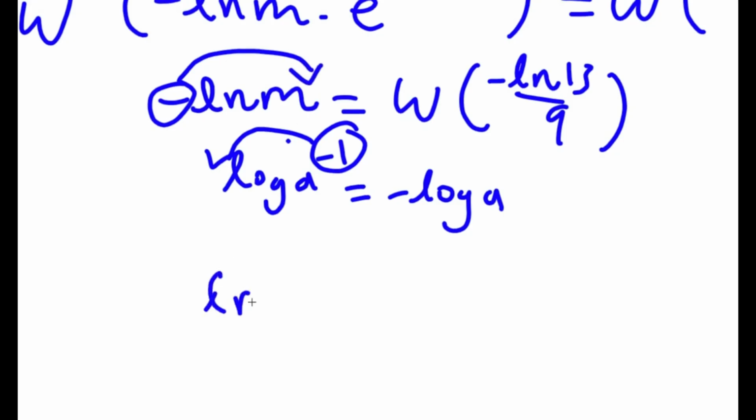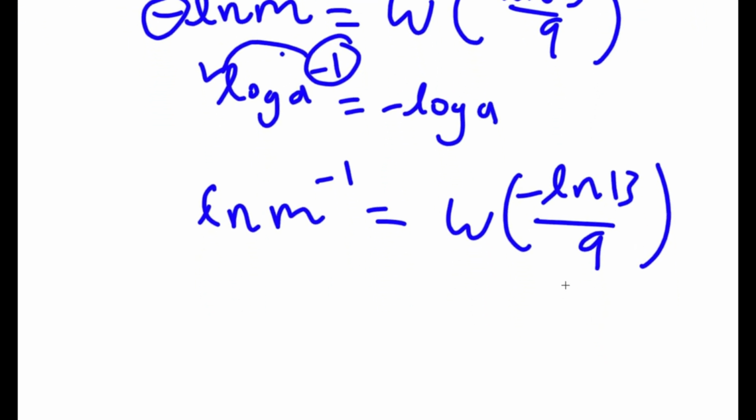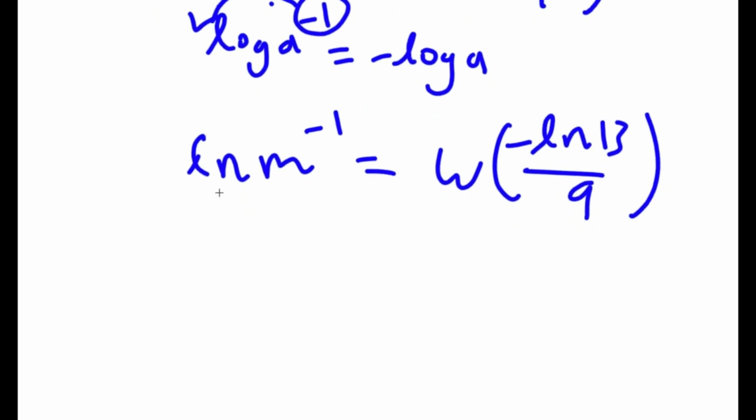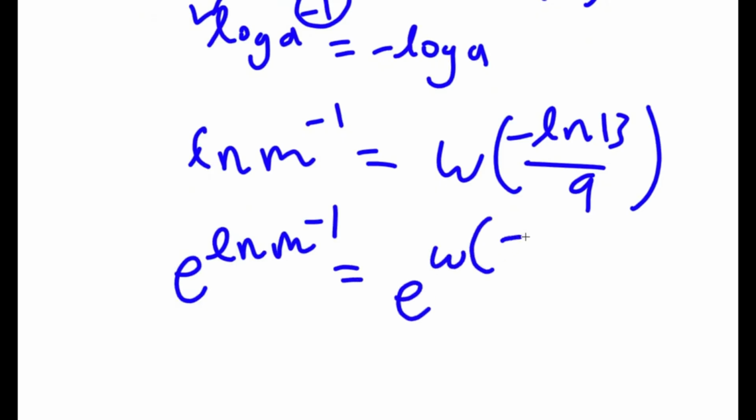So now I have ln m to the power of negative 1 is equal to W of negative ln 13 over 9. Now if I take e on both sides, I get e to the power of ln m to the power of negative 1 is equal to e to the power of W of negative ln 13 over 9.